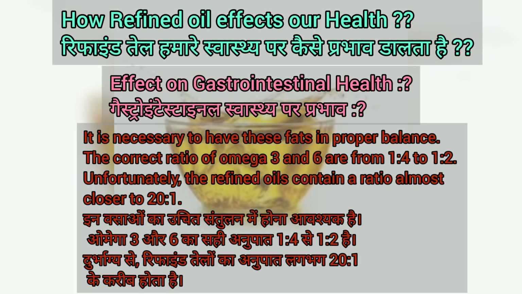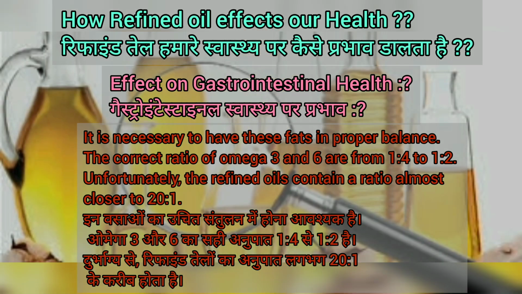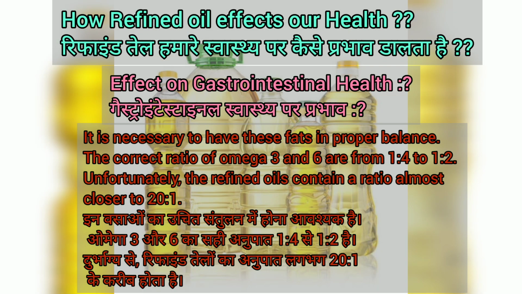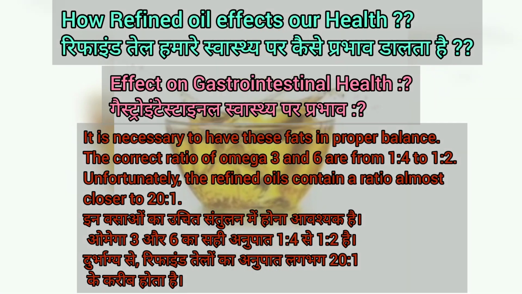It is necessary to have these fats in proper balance. The correct ratio of omega-3 to omega-6 is from 1:4 to 1:2. But unfortunately, refined oils contain a ratio closer to 20:1.